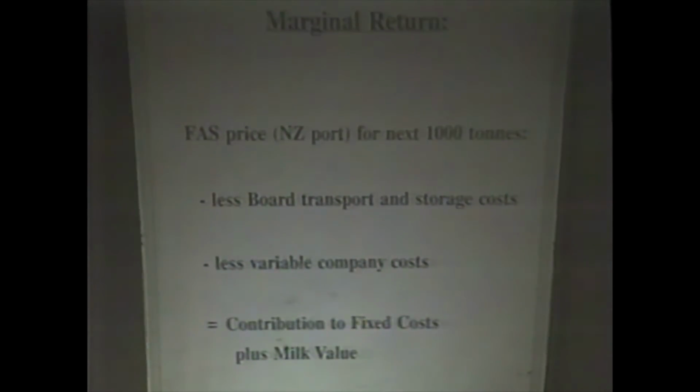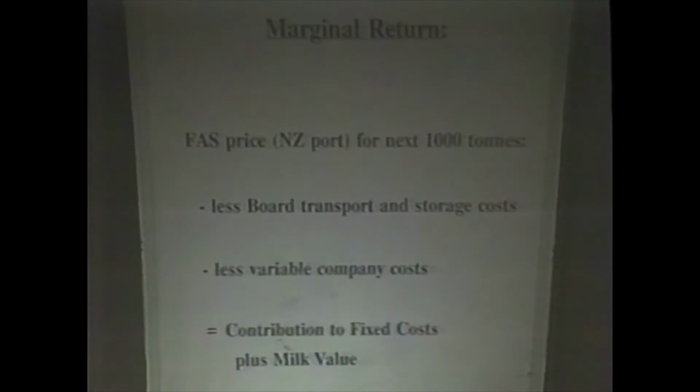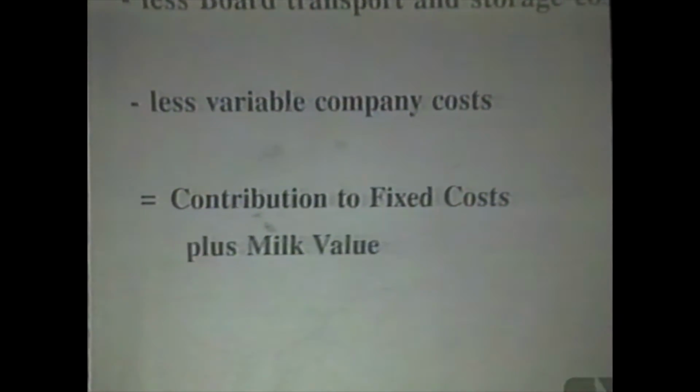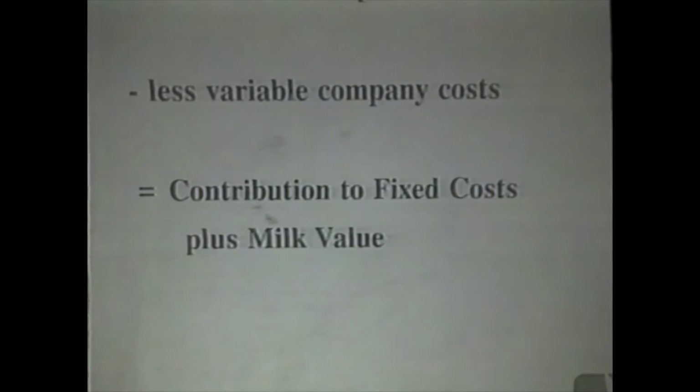So if we work on the marginal earnings from sales, we're taking the price free alongside the ship for the next 1,000 tonnes of product, and we take off the board's variable costs, which is largely storage and transport, and the company's variable costs, energy and packaging. That's the number that we look at, the contribution to fixed costs plus the milk value.